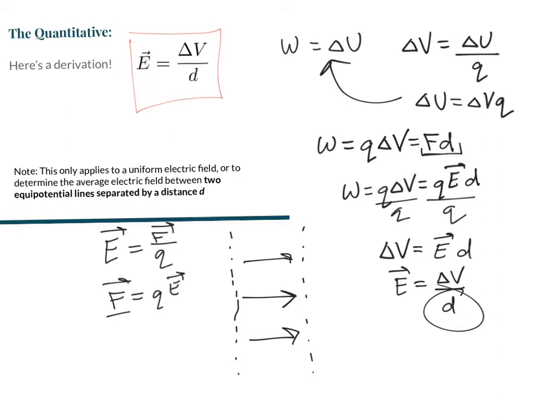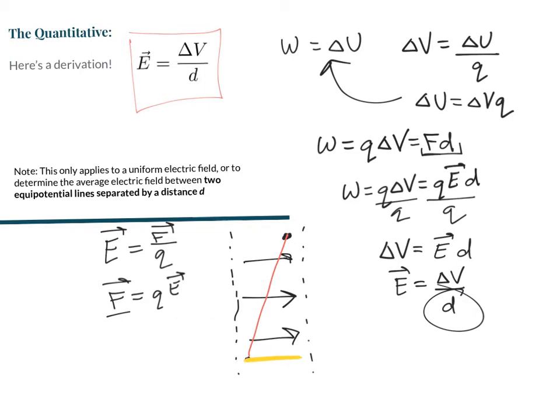So if I'm looking for the potential difference or something between 2 points that are here and say here, the distance between the points is like that. That's not the distance that I'm going to use. I'm going to use only the component of that distance, or displacement, whatever, that is going parallel to the force, which is this right here.